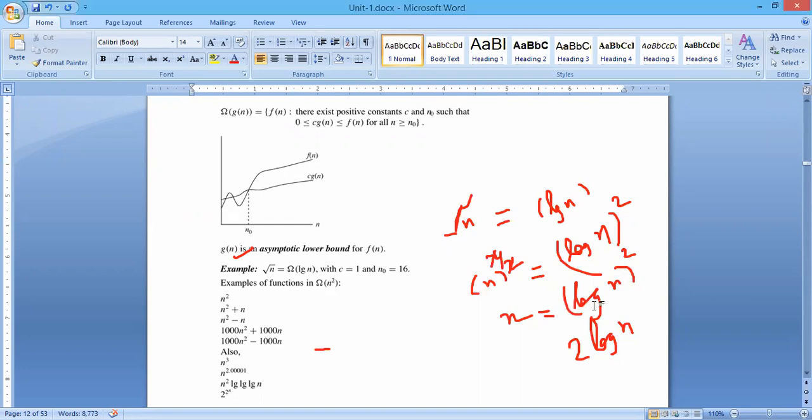If we want to break this log n square, we want to create this n square property, how can we do it? We need to multiply with log.